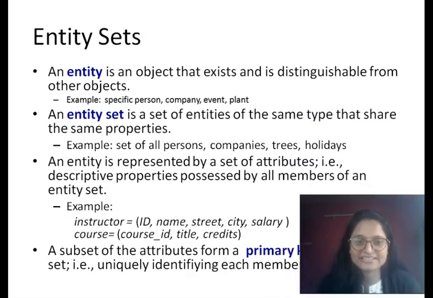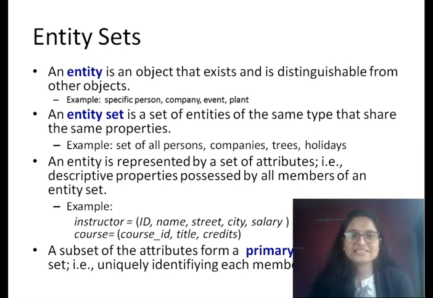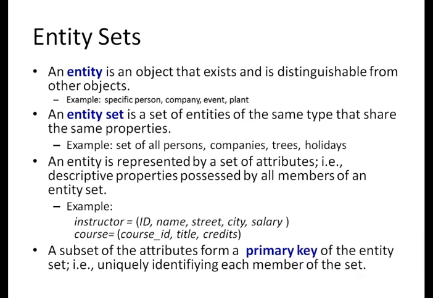So first, entity set. Dear student, first is the entity. We already covered that an entity is an object that exists and is distinguishable from other objects. Dear students, an entity is nothing but a thing having its own property. A specific person, company, event, plant has its own property. This property helps to differentiate the object from another object. Your entity is a thing that exists either physically or logically. Remember, an entity exists either physically or logically.